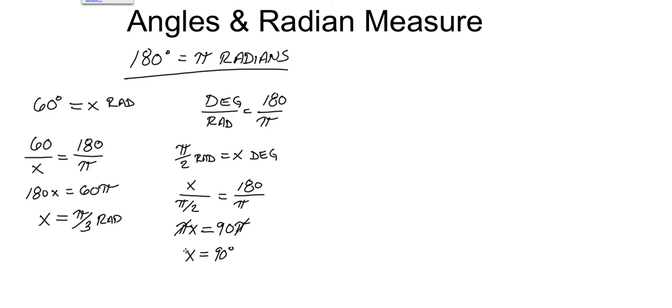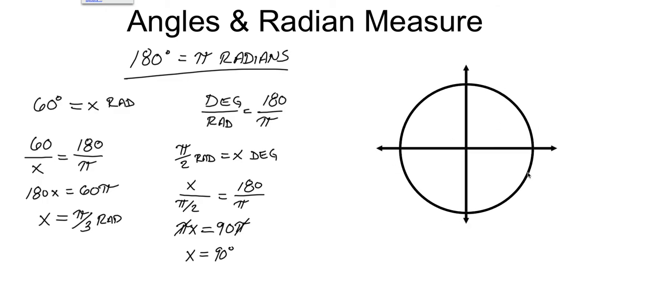Okay. Remember that when we have a circle, if we draw a circle here centered at the origin, everything on this circle can be related back to degrees and radians. So let's say we have an angle in what's called standard position, where one side of the angle is right there on the x-axis, and we draw a second part of the angle over here.